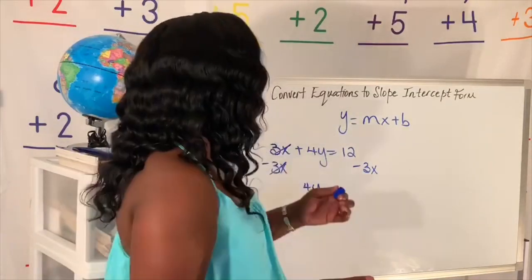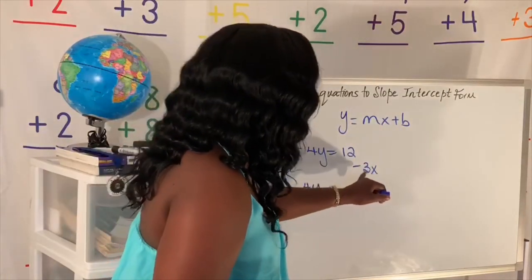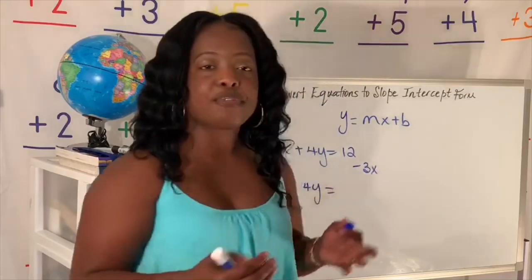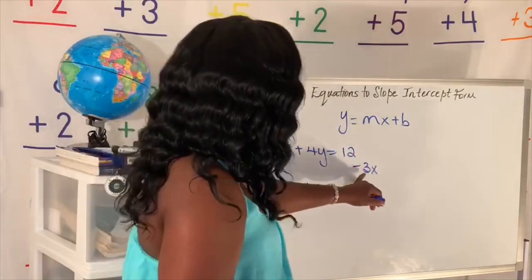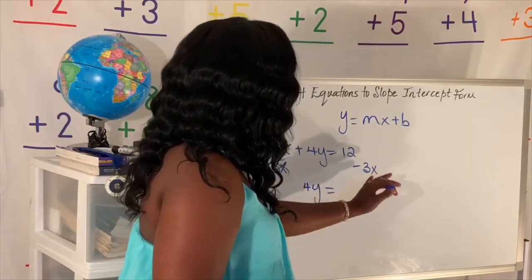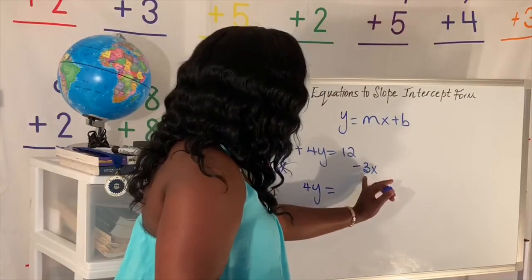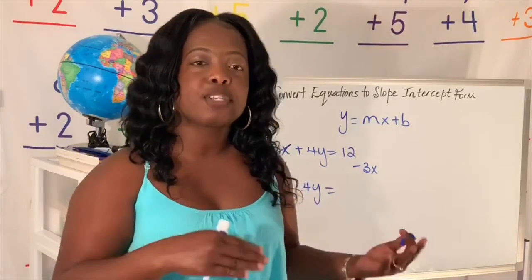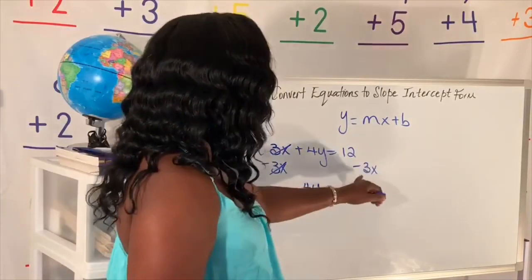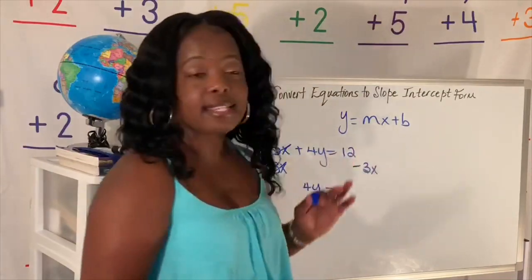If you notice here, 12 and 3x, these are two different expressions. The 12 will be a constant, and the 3x would be an expression with a coefficient and a variable. So it's kind of like you can't add or subtract apples from oranges. So these two terms are going to remain as is.